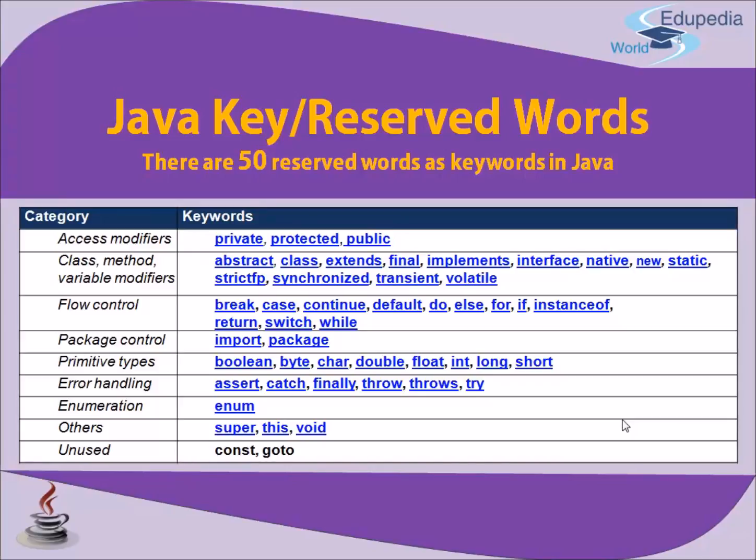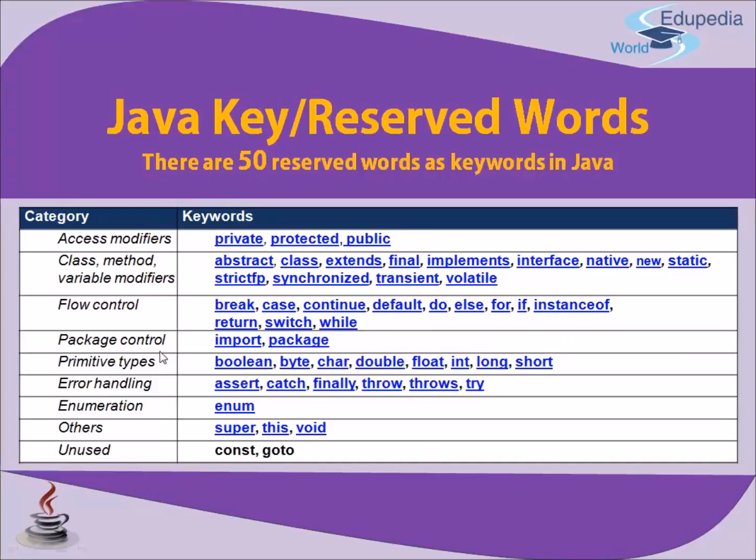Now category number 3, that is flow control, includes break, case, continue, default, do, else, for, if, instanceof, return, switch, and while.